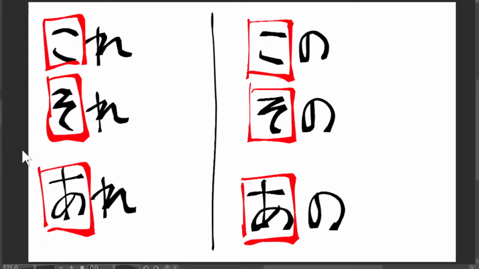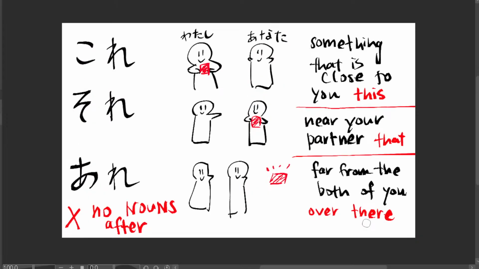So これ、それ、あれ. If something starts with ko, then it is close to you. In English, we would say this. And それ is something near to your partner, which in English would be that.